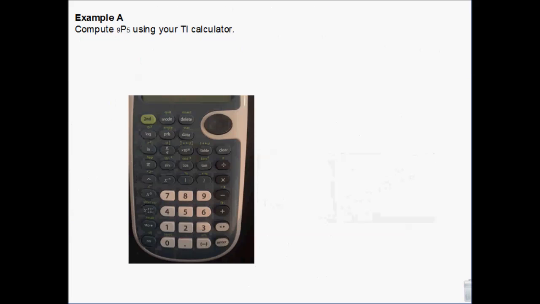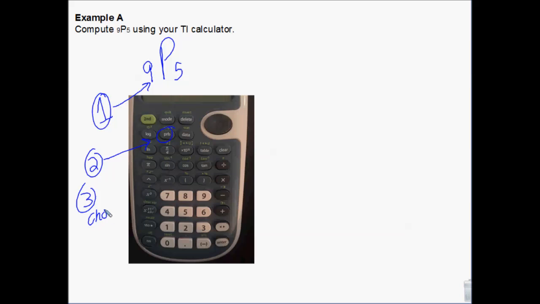So let's say we have 9P5, okay? So step 1, I'm going to press 9. Step 2, I press the probability button. Step 3, I choose NPR, which is the first one, so I enter the number 1.